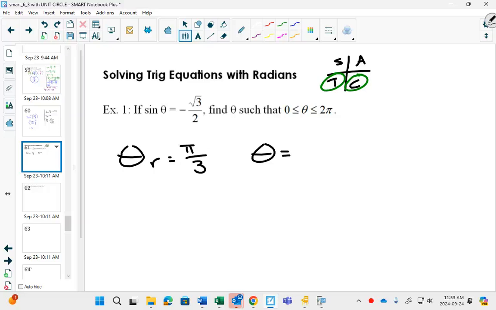What is your pi over 3 family member in quadrant 3? 4 pi over 3. What is your pi over 3 family in quadrant 4? 5 pi over 3. So this is how we can solve it without a calculator. Okay?